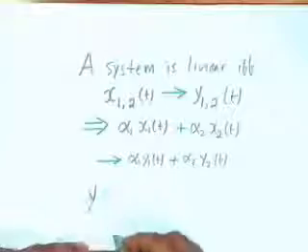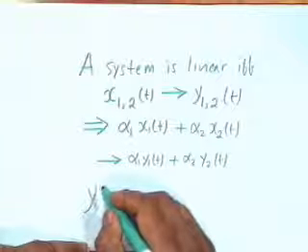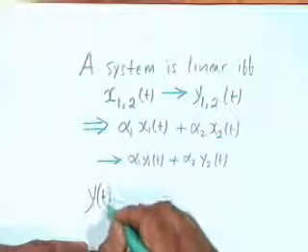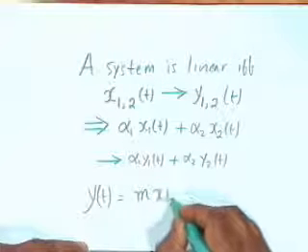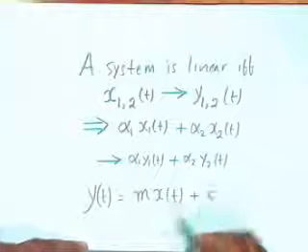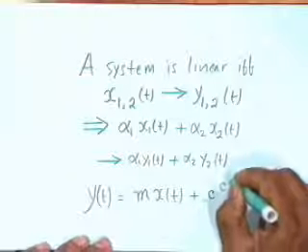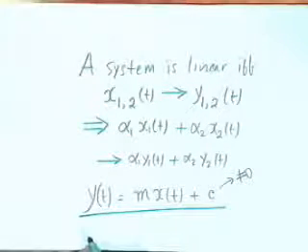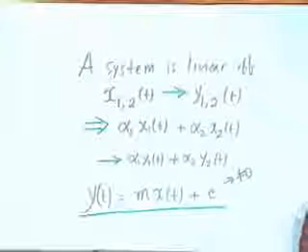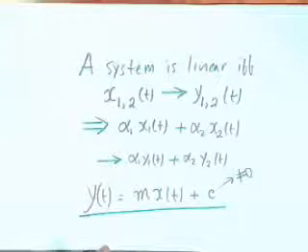We'll conclude this class by taking a simple example. Let's take y(t) equal to some constant m times x(t) plus some constant c, which is not equal to 0. That is, we have a system which when fed with x(t) produces m x(t) plus c as the output, where c is not equal to 0.